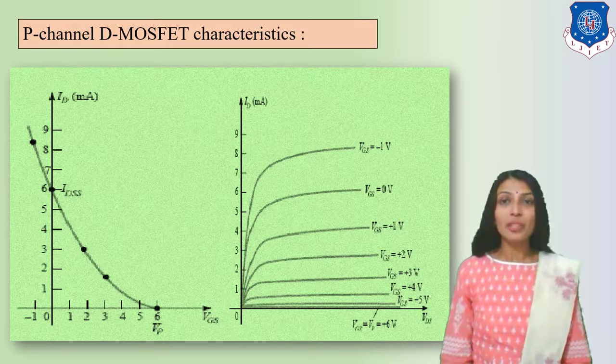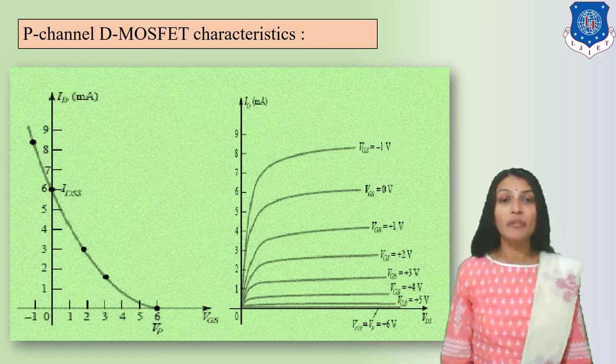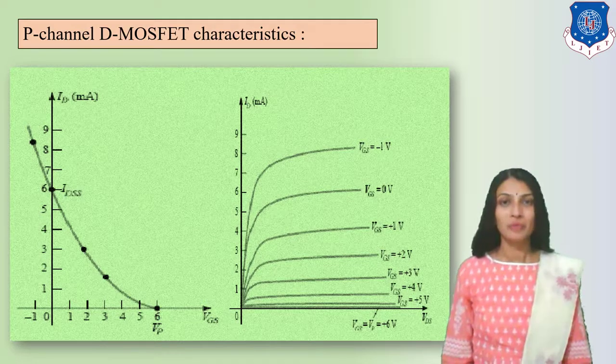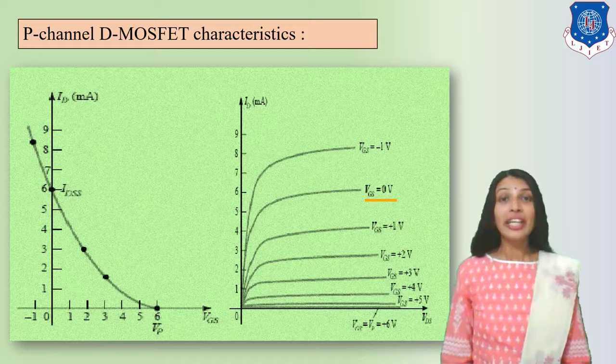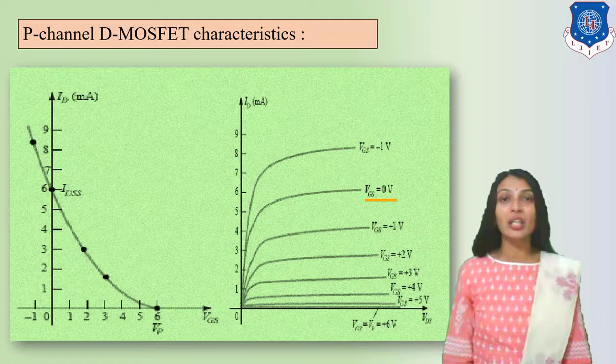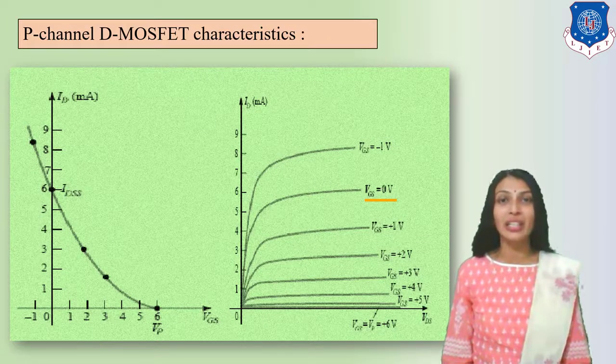Similarly, the same graph can be explained using the output characteristic, that means output voltage versus output current. But at that time we will always consider the input voltage VGS constant. Let's discuss the first case, VGS equal to 0, for the output characteristic. If the gate voltage is 0, maximum free holes are available in the channel, and there is no electron hole pair combination due to biasing.